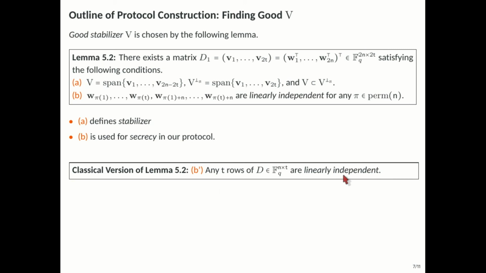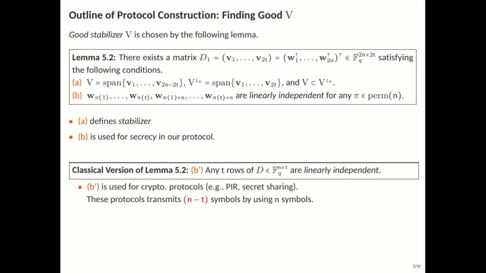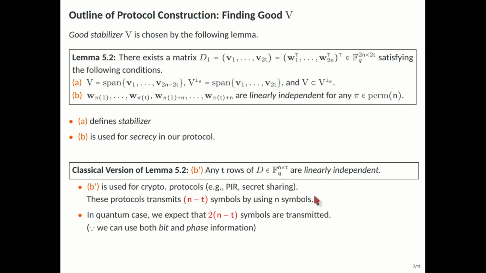So this condition B prime has been used for many crypto protocols, such as the classical version of PIR and secret sharing. And these protocols send n minus T symbols by using n symbols. So similarly, in the quantum case, we can expect that twice of this n minus T can be transmitted, since we can use both the bit information and phase information.